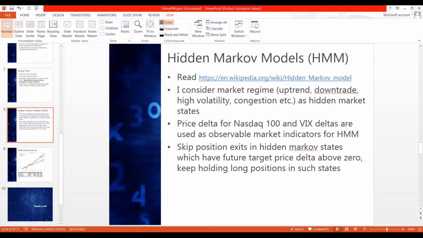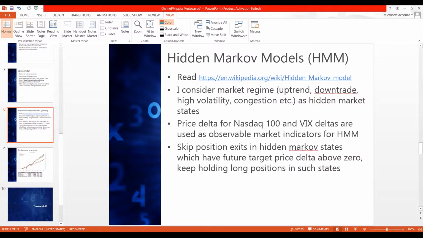The trick was that I clustered some states, used this model, and picked some states with average future price return above 0, and in these states I didn't perform exits. So I increased time in potentially profitable positions via adaptive market regime detection. That was the trick.